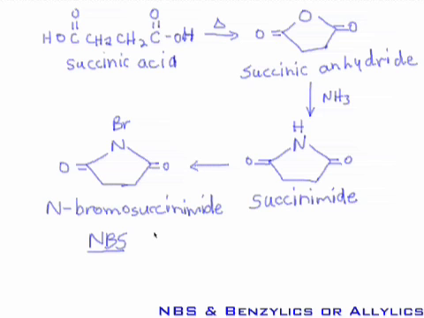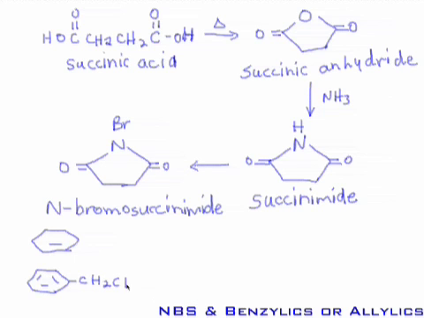If we use N-bromosuccinimide as a reagent, NBS, either on, for example, our allylic cyclohexene, or even our benzylic, like our ethyl benzene we had earlier, and you react this, say, with NBS.